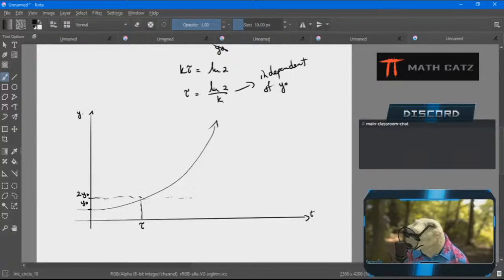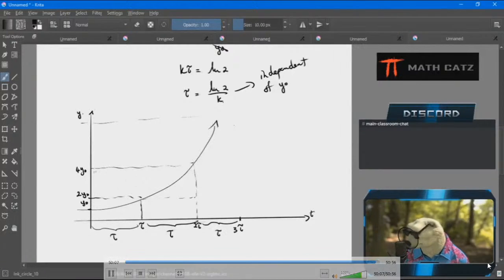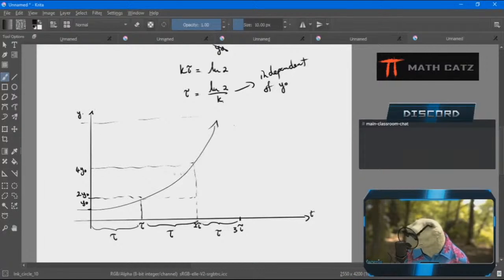It's going to take the exact same length of time to double what it was previously, so 4 times. It's going to take the exact length of time to double what it was. Every time period of tau, tau, tau, tau, the population doubles every time, and it grows faster and faster and faster.